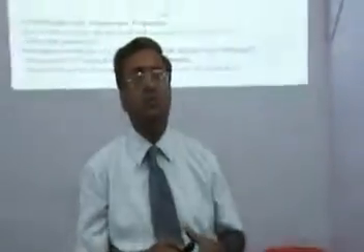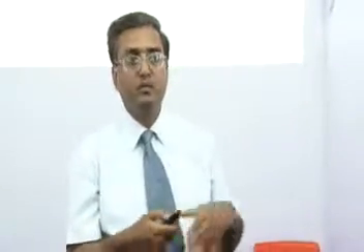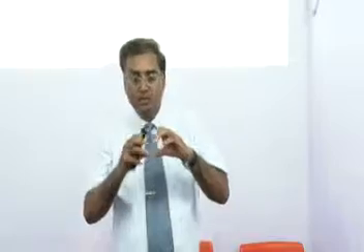This strain hardening happens because of the slipping, the movement of dislocation across the slip line. We will see that later. The grain shape is very important, and if the grains are uniformly distributed, we call it isotropic.